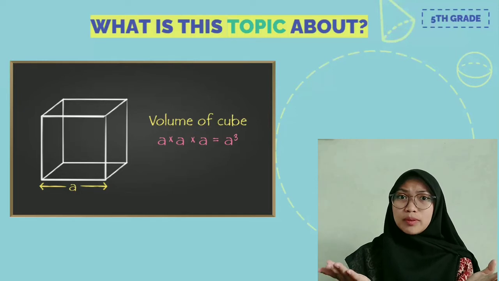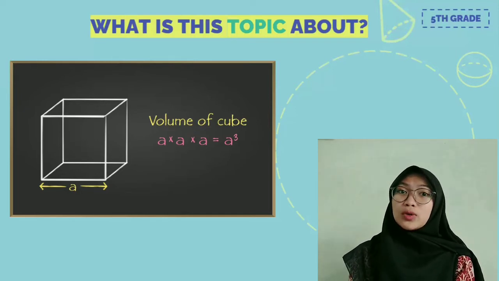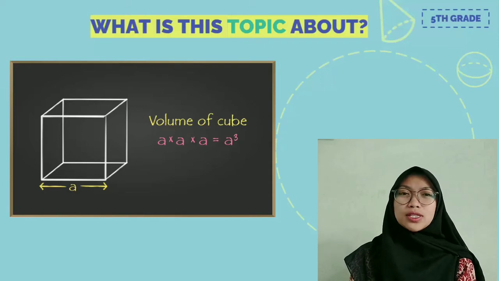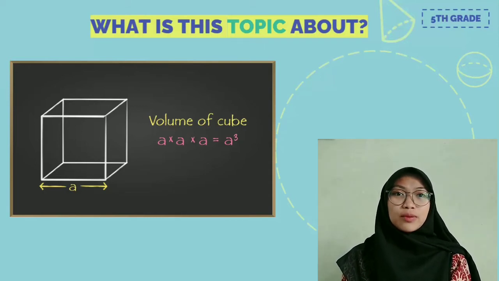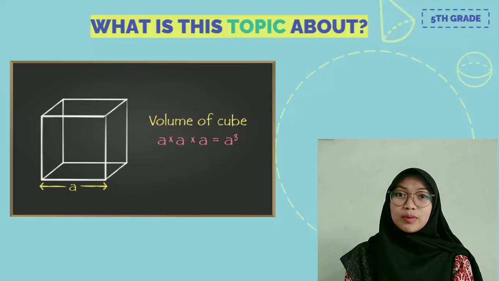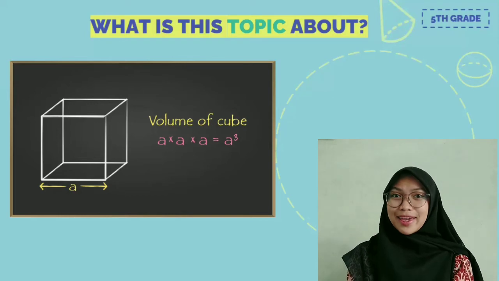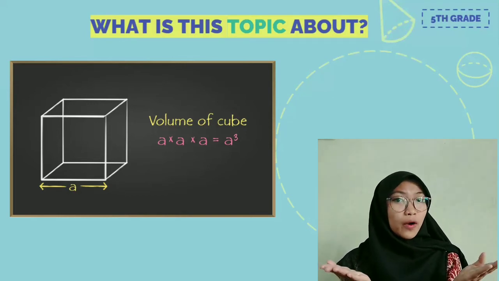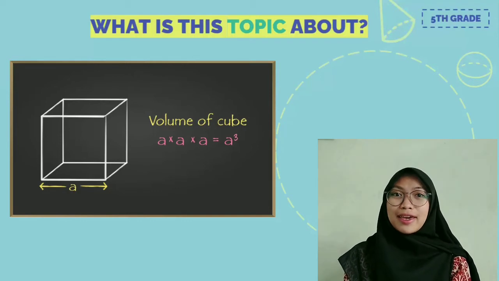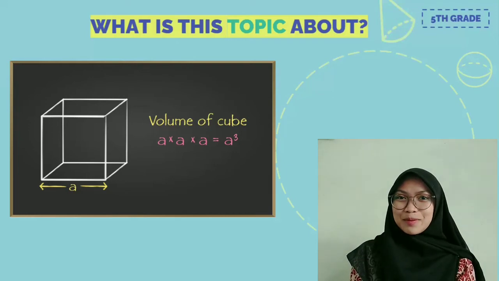Let's assume length equals breadth equals height equals A. Therefore, the formula is volume equals A multiplied by A multiplied by A, or we can say A raised to the power of 3. Take a look at this example.